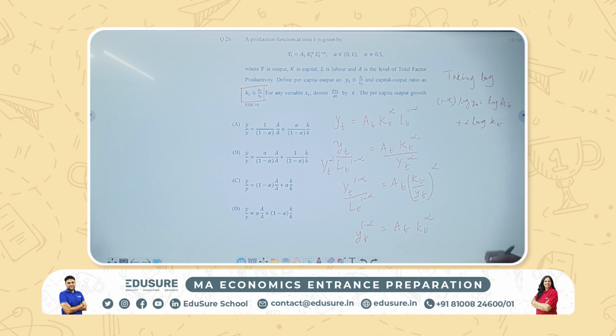And now if I differentiate this with respect to time, this becomes (1 minus alpha) times 1 by y_t dy/dt equal to 1 by A_t dA/dt, plus alpha times 1 by k_t dk_t/dt.